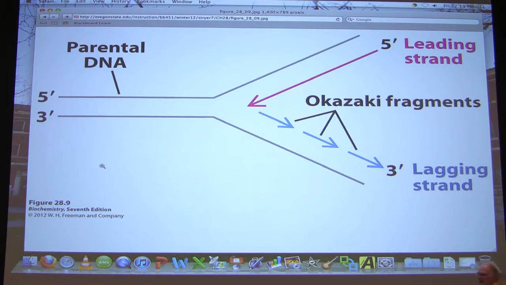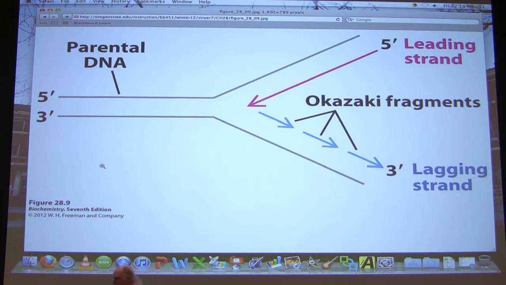Really cool stuff. That activity is also called proofreading. Proofreading is the same as 3' to 5' exonuclease activity. They're the same thing. So this guy backs up and chews and removes the mispaired base.